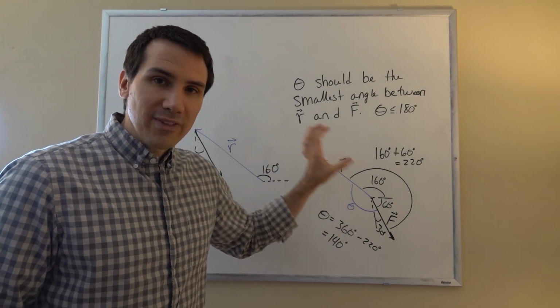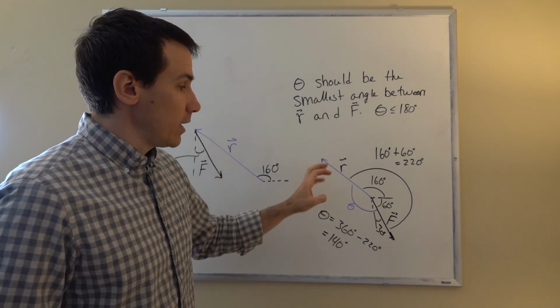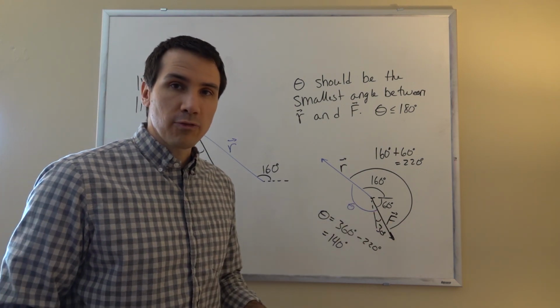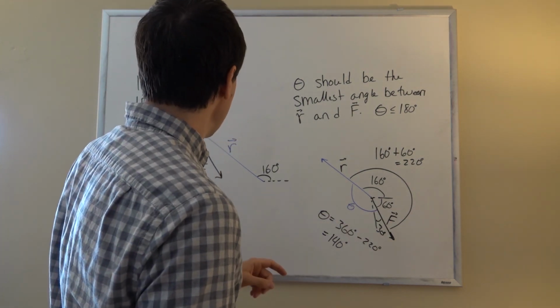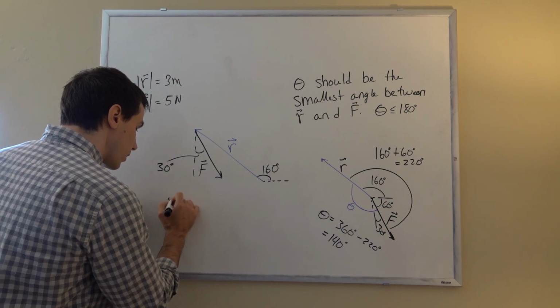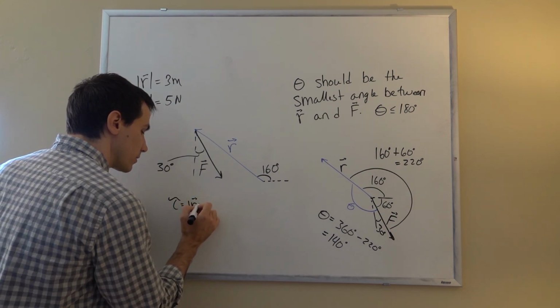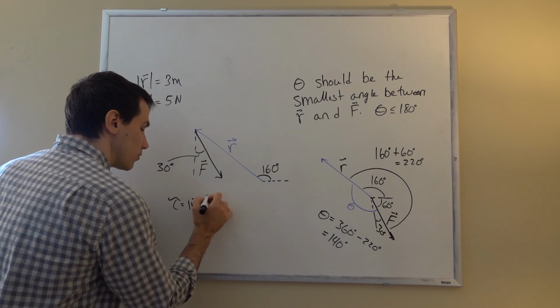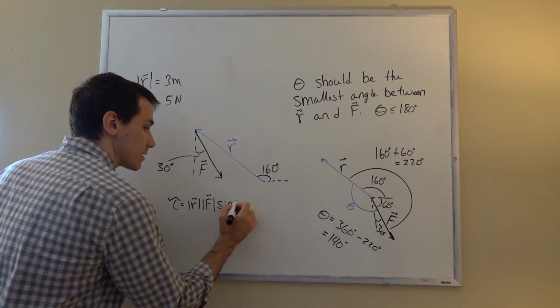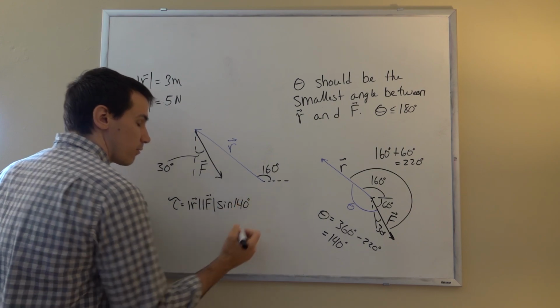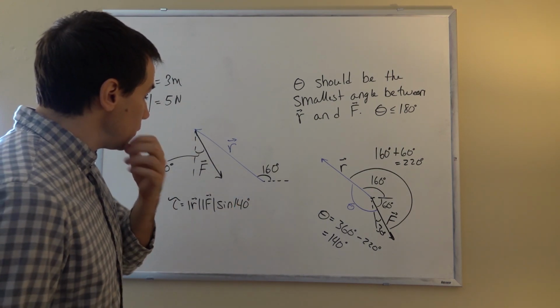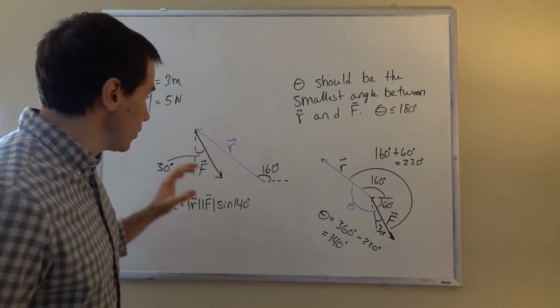So we have now found theta, the angle between the radial vector and the force vector. So our torque equals the magnitude of my r vector multiplied by the magnitude of the force vector multiplied by the sine of 140 degrees.